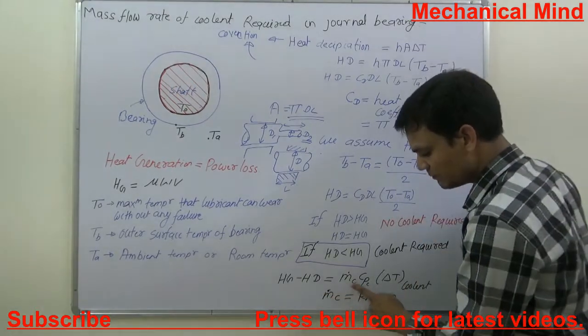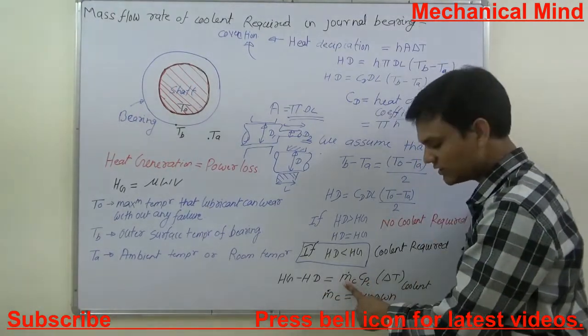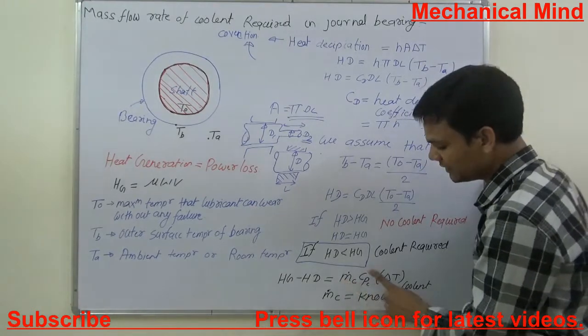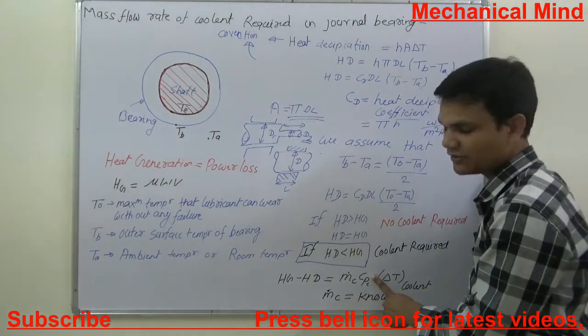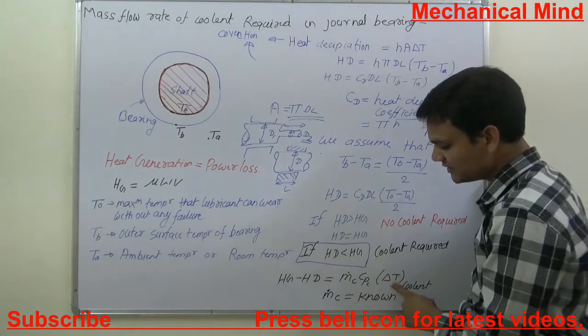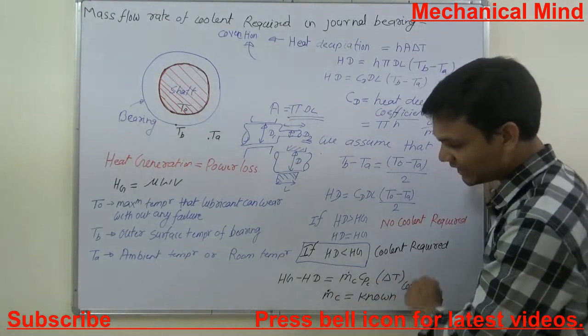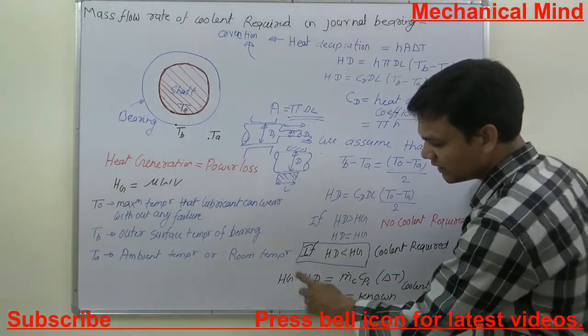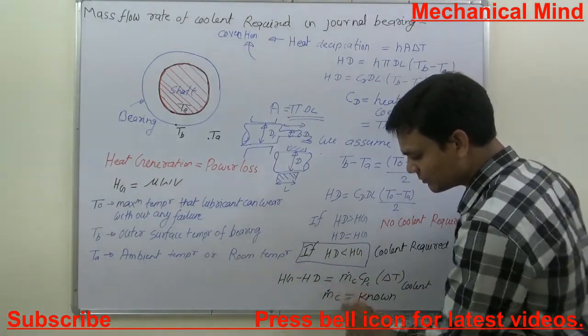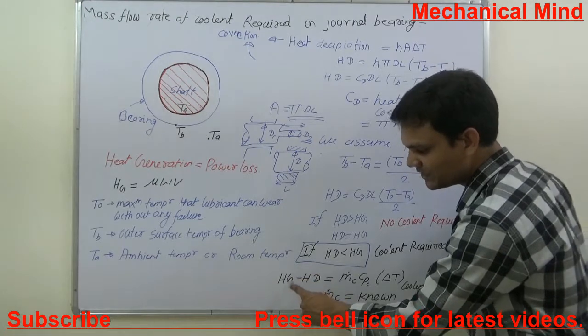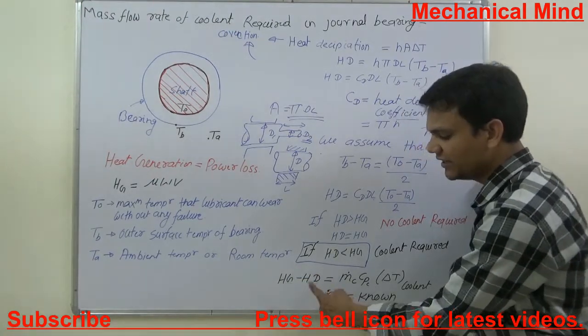The heat carried by the coolant is equal to m dot c Cp ΔT, where m dot c is the mass flow rate of the coolant, Cp is the specific heat of the coolant, and ΔT is the temperature difference between the maximum temperature and the coolant temperature. And the amount of coolant, that is the mass flow rate of coolant, is based on the difference between heat generation and heat dissipation.